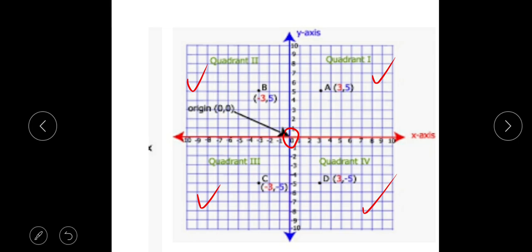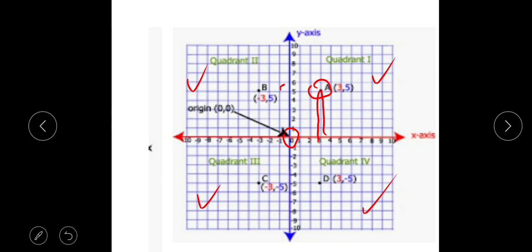Okay. Now, if we consider any point on this Cartesian plane, for example the point A. Here this point A is 5 units away from the x-axis, right?